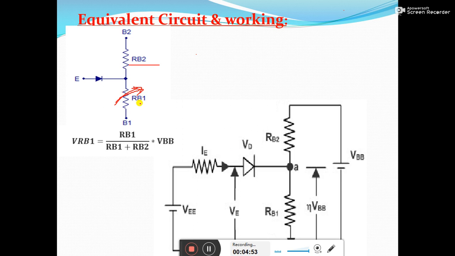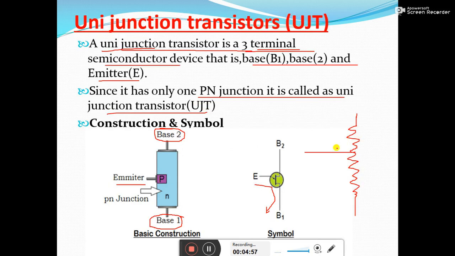Remember, RB1 will always be greater than RB2. Why? Because you can see here, the uniform resistor is bisected, but since the emitter terminal is closer towards the base 2 terminal, the length of the resistance here is small, whereas this length is large here. The length of the resistance towards the base 1 region is large.